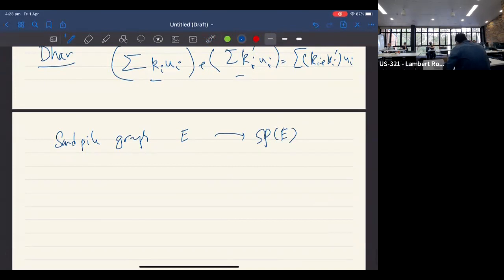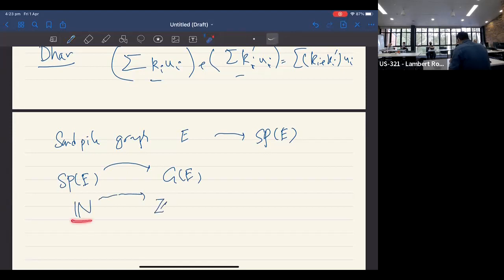Okay, so now you have a monoid, and this is an abelian monoid, so you can always complete it. You can complete a monoid and you get an abelian group. So completion of N gives you Z. Here it is very innocent, but sometimes when you complete, you lose information if this is not cancellative.